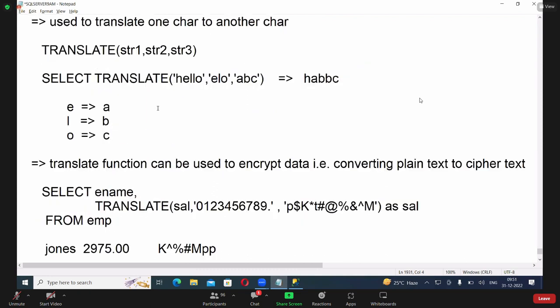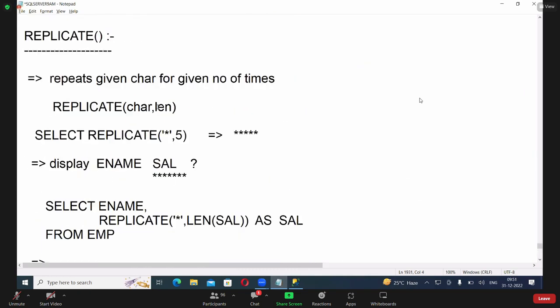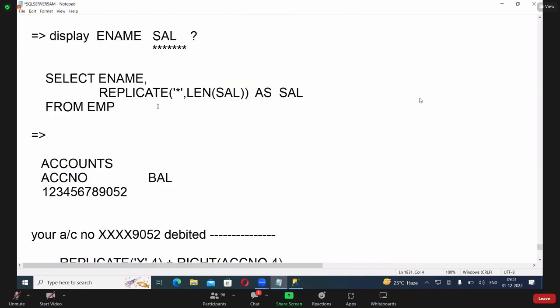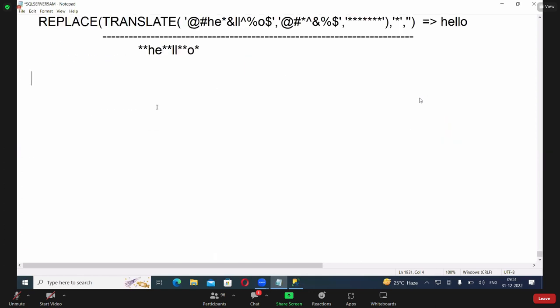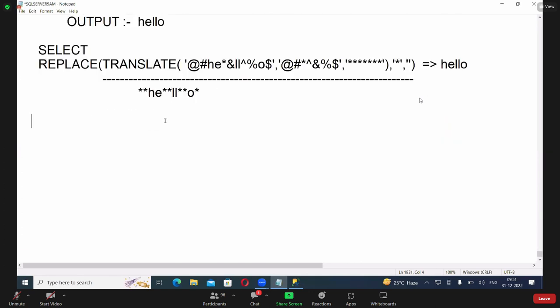Now, what are the next categories? Mathematical functions. Numeric means mathematical only. Numeric, mathematical functions.